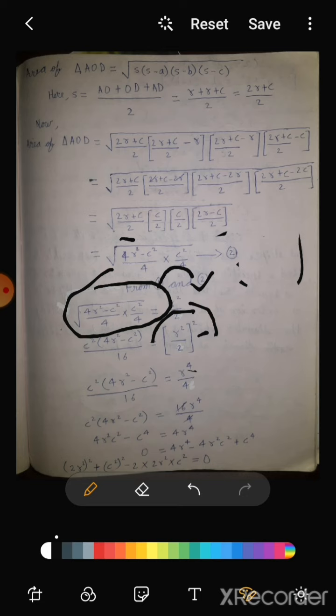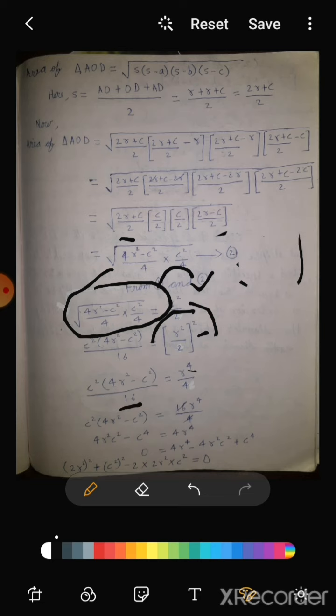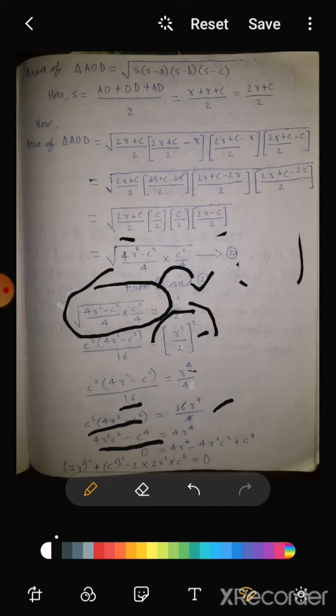So by multiplying, this 16 goes to the right side and it goes in the numerator. So 16 R to power 4 by 4. Next, by simplifying this, C square into (4R square minus C square) will give you 4R square C square minus C to power 4.